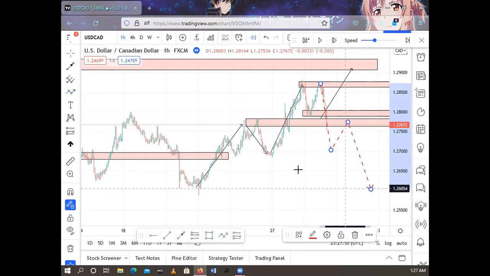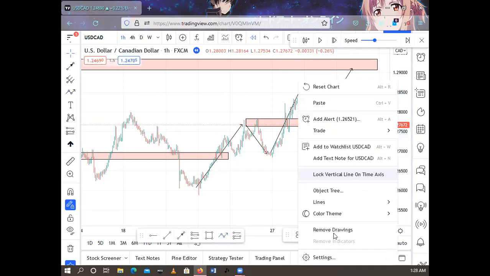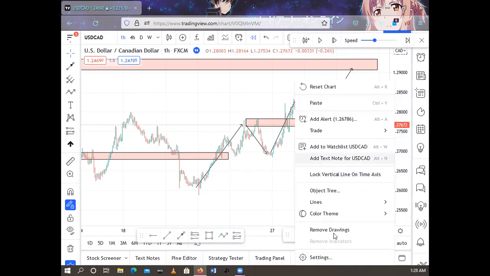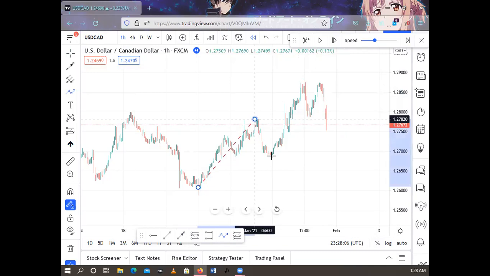Let me clear this out and just focus on what's happening on the current trend so that we don't get lost in all of the noise, right? Now we have the market making an uptrend from the 4-hour time frame here, right?